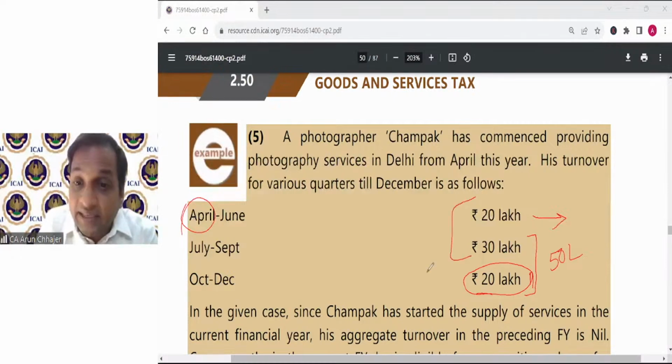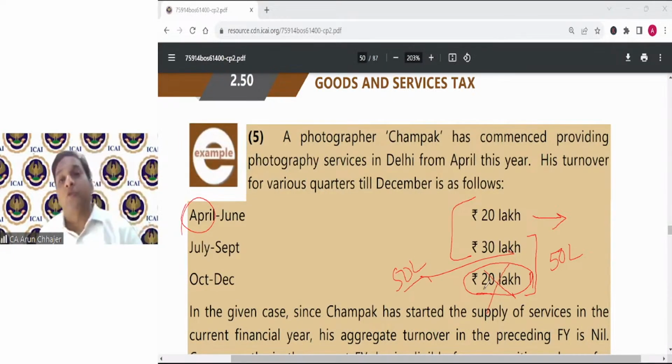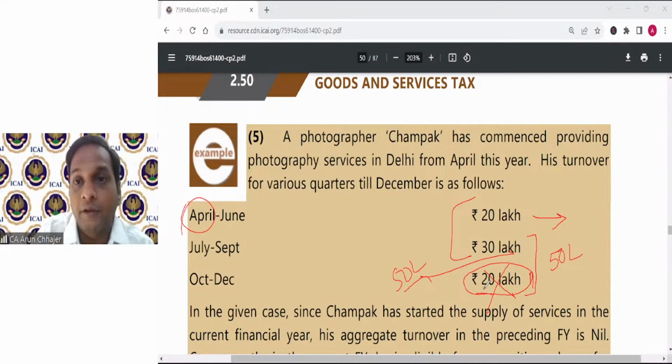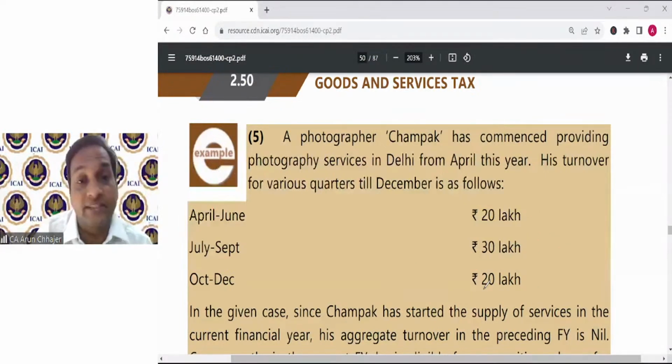So it means here the 50 lakh is being crossed. So therefore he cannot continue the 20 lakh as composition category. I hope this example has given the ample clarity on the explanation 1 and explanation 2. Please confirm. Superb example, I can say, which has been drafted by our institute.